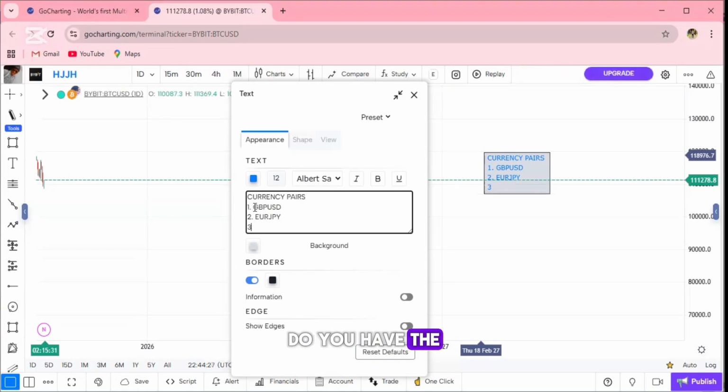We have the EUR/CAD, and so on and so forth like that. This is talking about the currency pairs that we have.